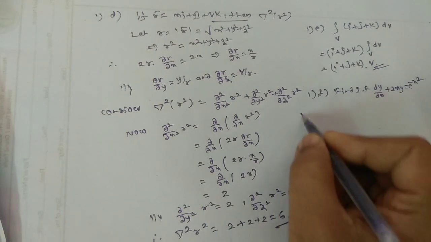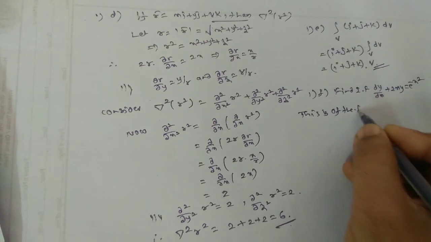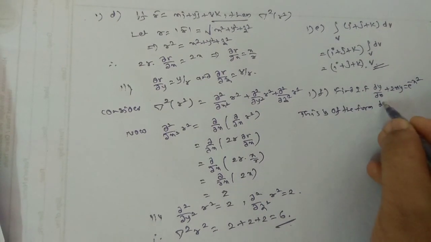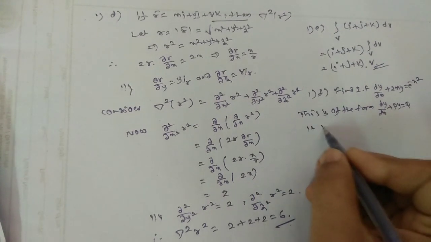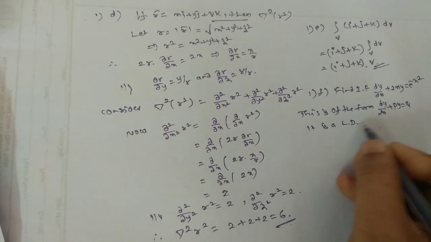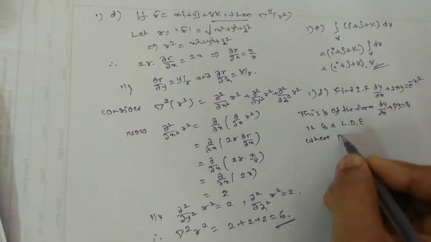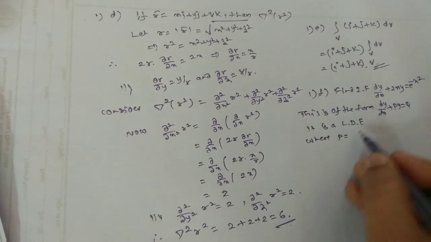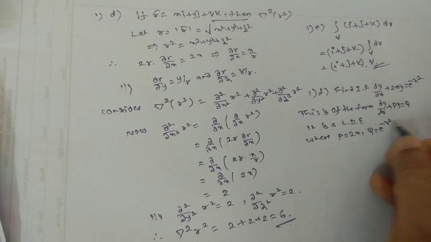This is of the form dy/dx plus Py equal to Q. It is a linear differential equation where P is 2x, and Q is e to the power minus x squared.